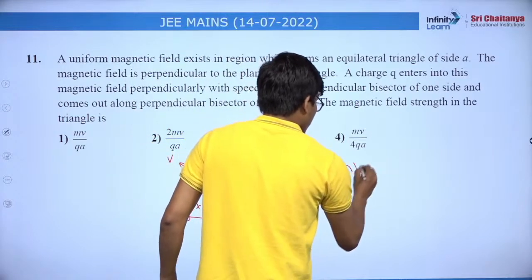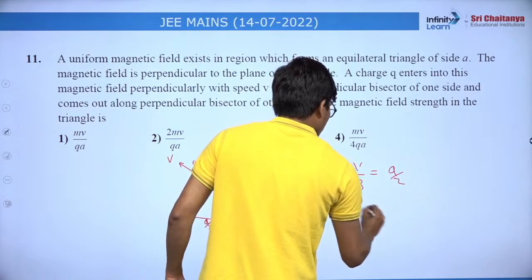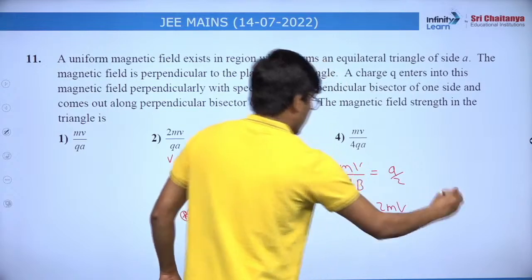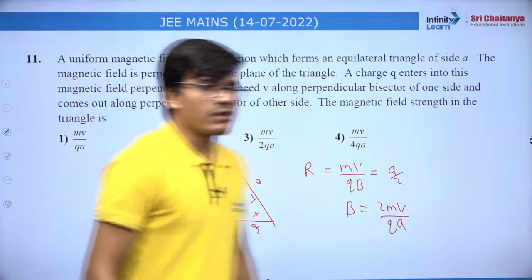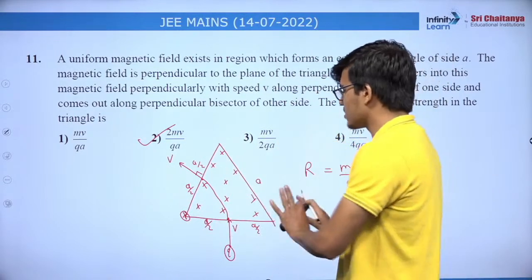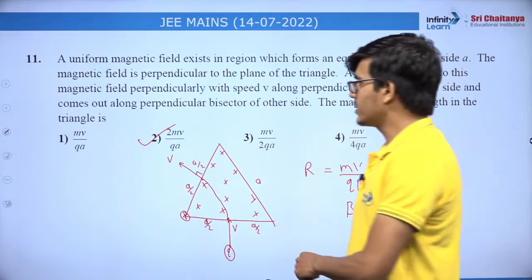So radius is given by mv by qB, and that is equal to A by 2. So B will be 2 mv upon q into A. That should be your answer, which is given in the second option. Very simple, but conceptually a good question. Easy to medium we can put it in.